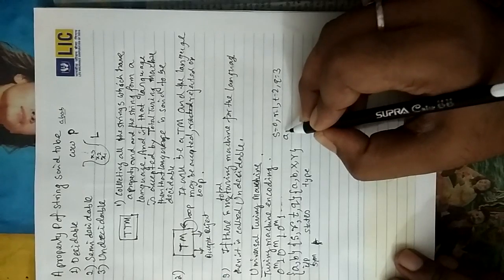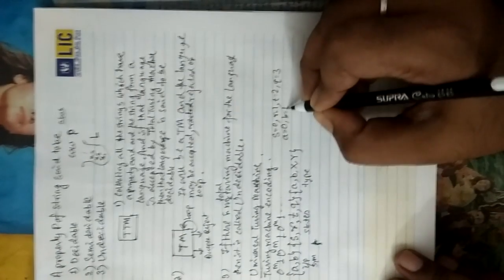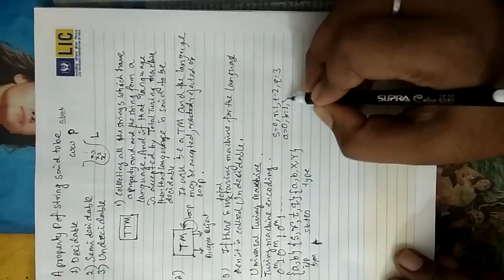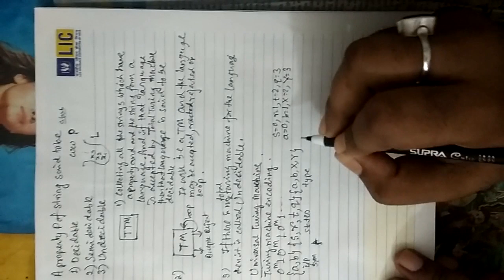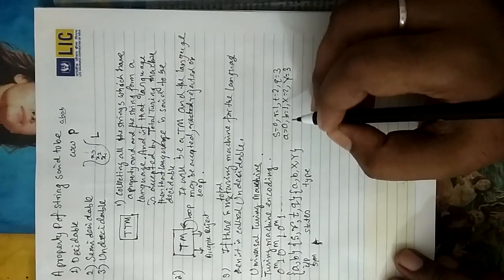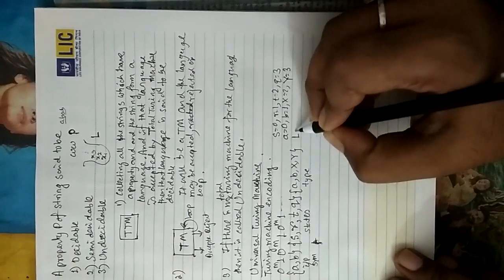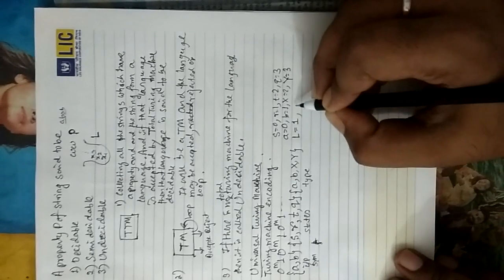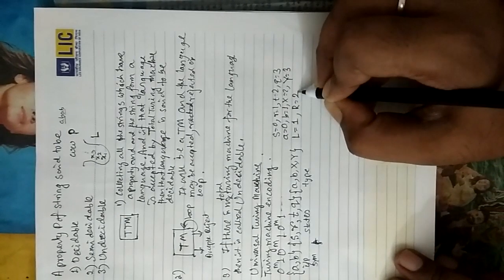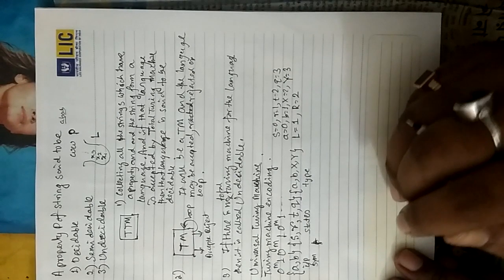We will represent A by 0, B by 1, X by 2, and Y by 3. Also, in a Turing machine there is a left movement and a right movement. So we will represent left shift by 1 and right shift by 2. You can take any numbers, but I represent them in this format.